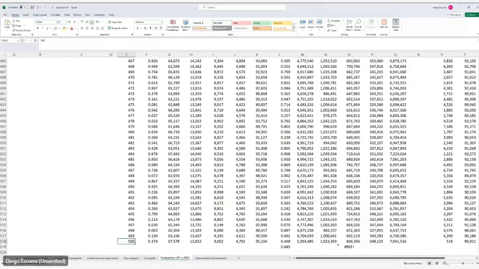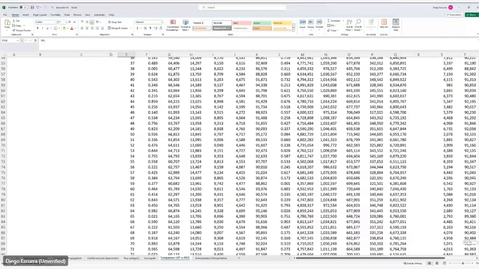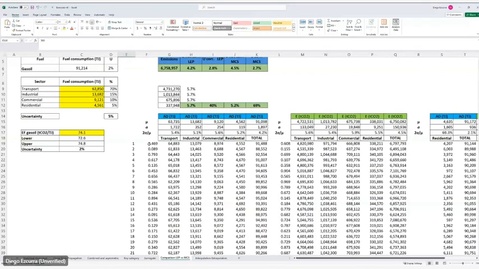So I've recalculated each of the variables 500 times following a normal distribution. I don't know if you can see the formula there.